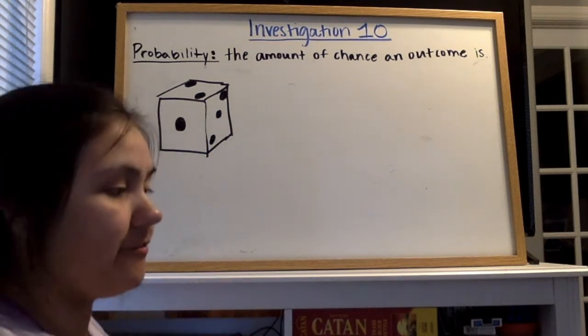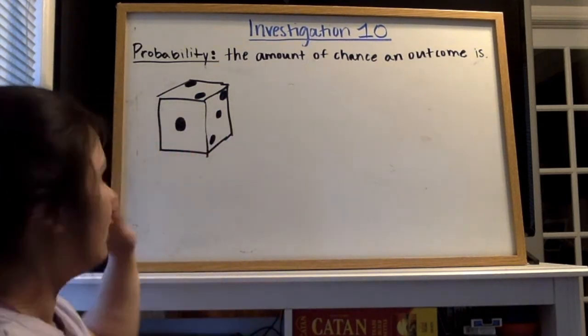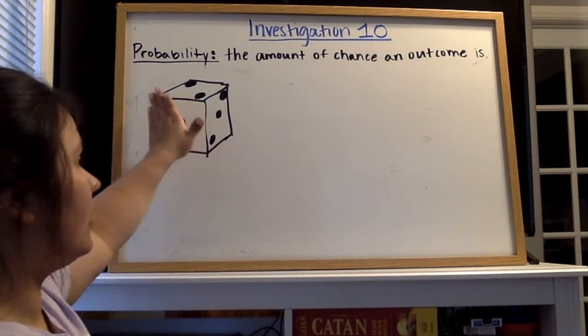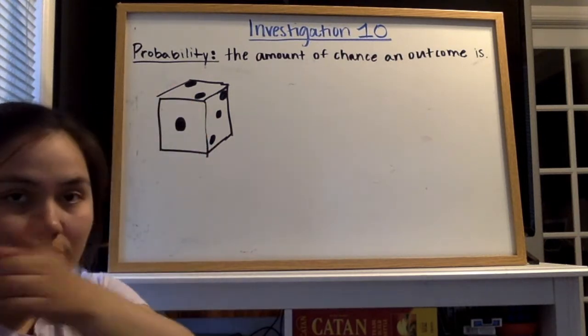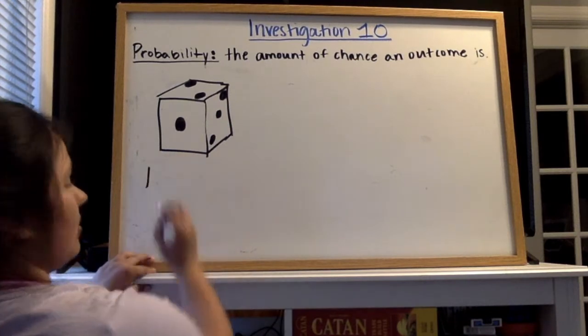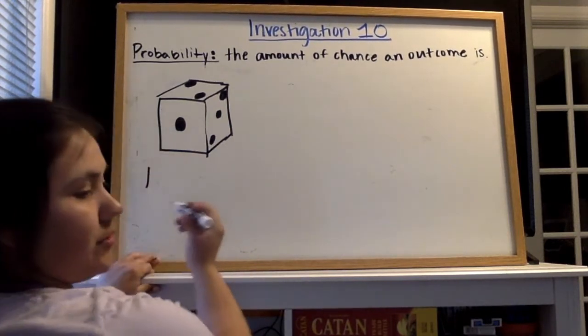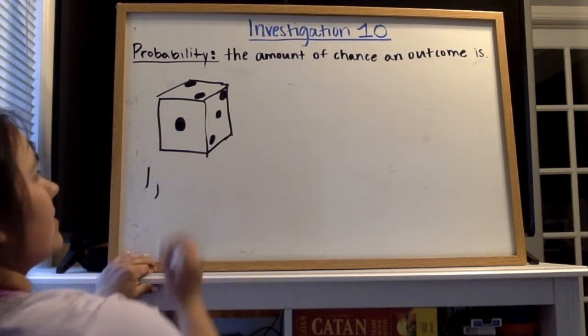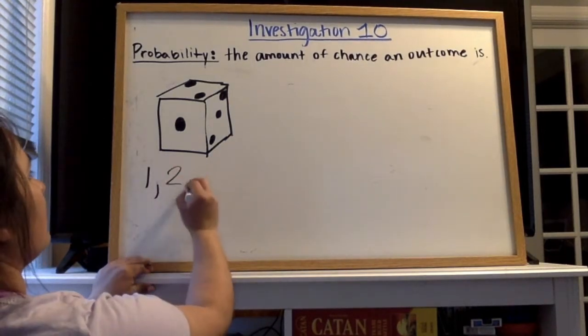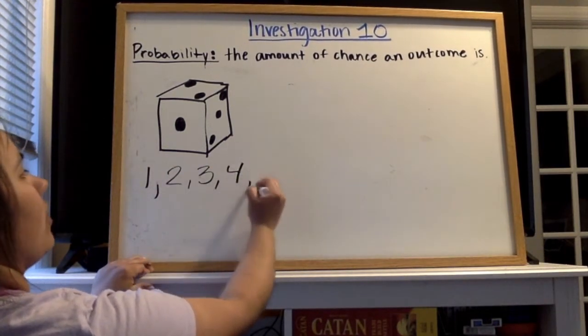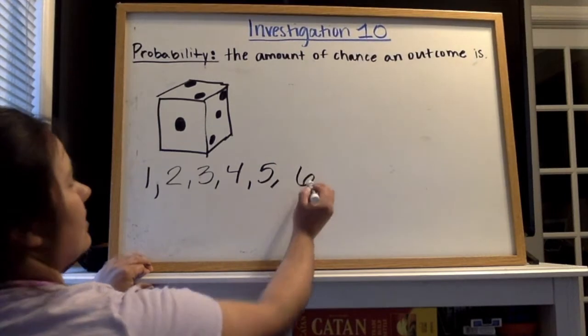Okay, we've been talking about faces the past week. So on each face, you're going to have the numbers 1 through 6. So for number 11, you're just going to write down all of those numbers. 1, 2, 3, 4, 5, and 6.